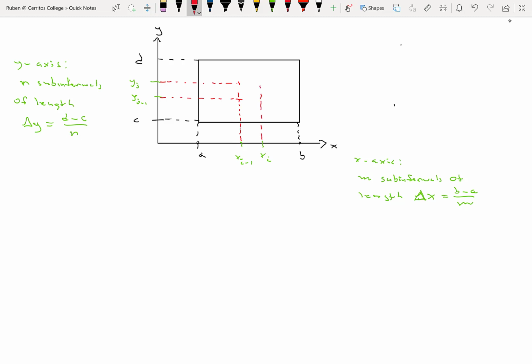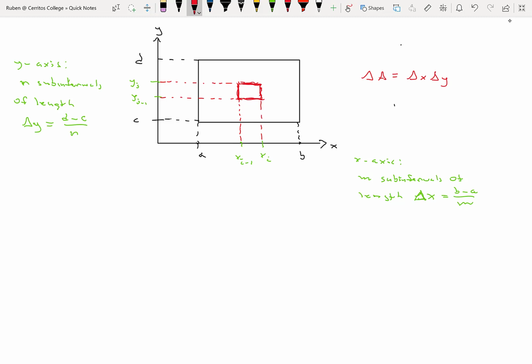And there it is. Okay, so there is a typical subrectangle. The area of that subrectangle is delta A equals its length, delta x, times its width, delta y.